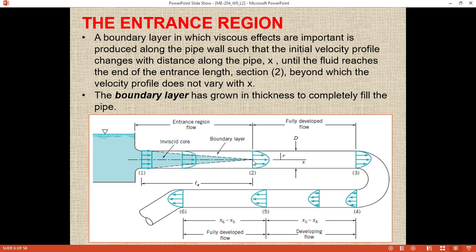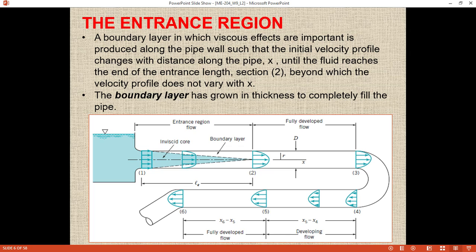After this point, the shear stress becomes 0, okay. So at this point the shear stress is 0, and the velocity profile does not vary, velocity does not change with respect to the x-axis.